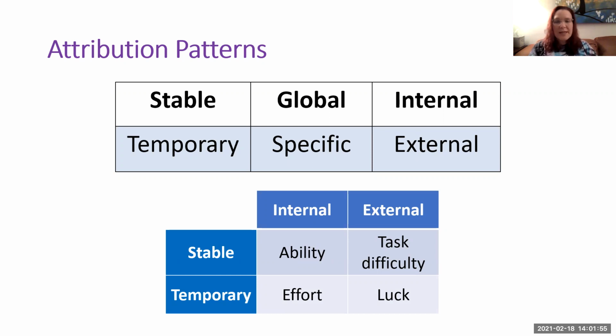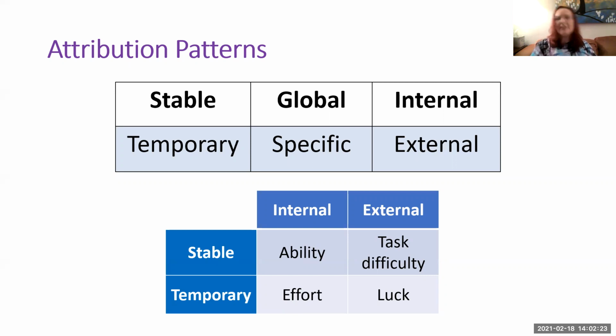So somebody has a behavior that we're explaining in a stable and an internal way, we might say that the reason why they did what they did was because of their ability. So they're good at math because that's something that is a stable quality of them, and it is about their own ability, which is centralized in them.